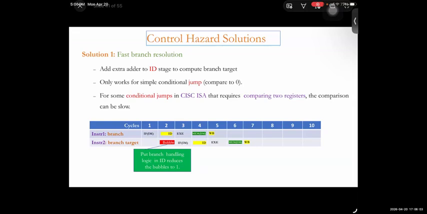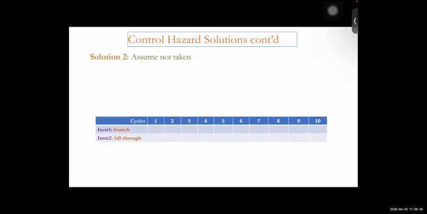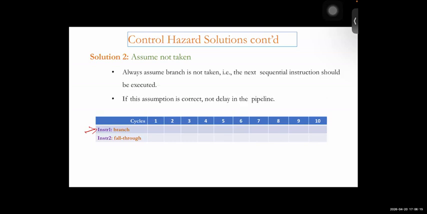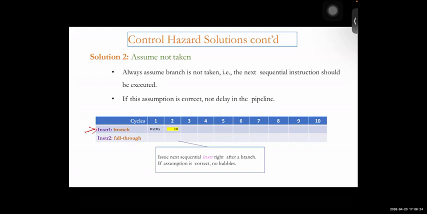Another solution is to assume that the branch will not be taken. In that case, the branch instruction will be allowed inside the pipe and goes through the upper stages, and the fall-through instructions, which are non-branch instructions, suppose, will also be allowed inside the pipe.